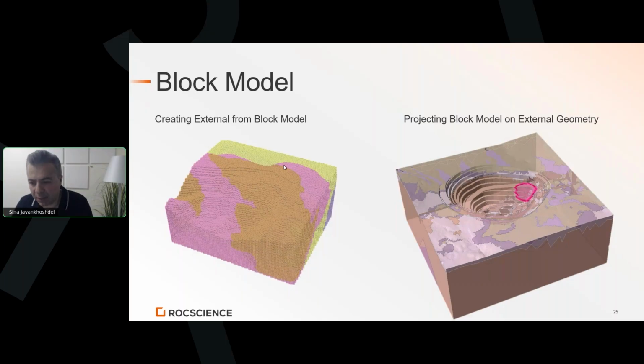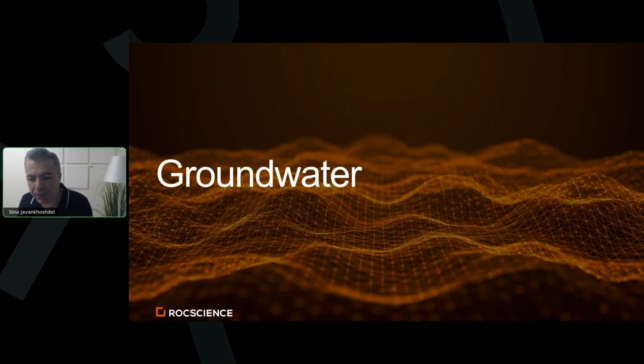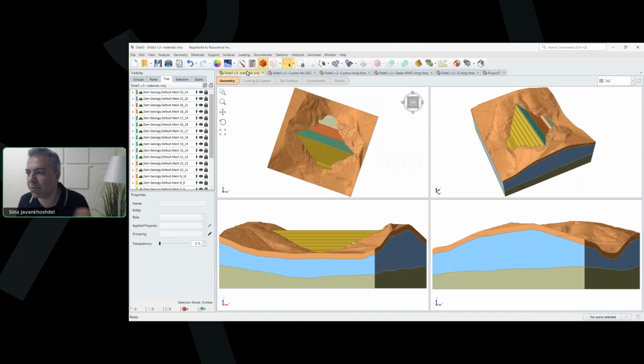So this option is available in Slide 3 and RS3. If you have your external boundary and external geometry, you can just project your block model data on top of the external geometry. So both of them are available, and the software, when it does the computation, considers the block data. And if you take a 2D section to Slide 2, you can see the block data in Slide 2 as well.